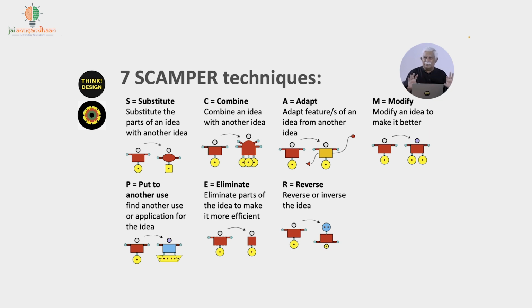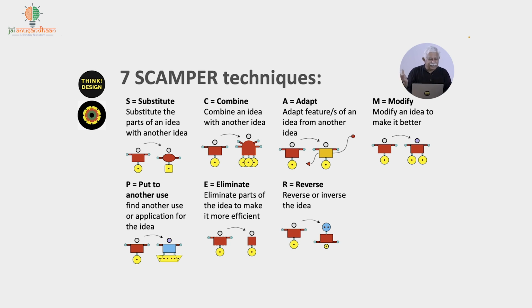Okay, very simple. If you look at it, the first was substitution, the second was combining with another idea, third was adopting features from another one into it. M is modify, you modify it to make it better. Then you looked at putting it to another use. So instead of ground, you thought of water here.